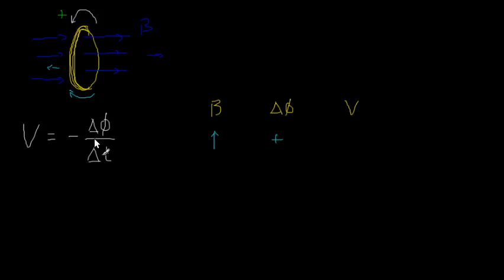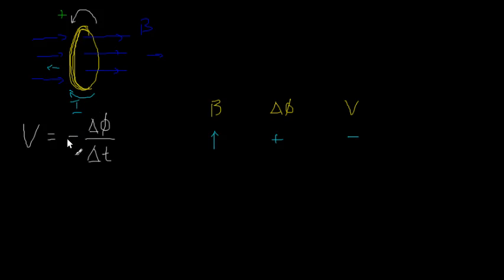Now, according to this equation, this will be positive, as we see here, and the minus sign means that the V should be a negative value. So V should be negative. And if the induced voltage is negative, that means that the current should go in the negative direction, which is opposite to that positive direction. And that was exactly what we found when we deduced this current direction from Lenz's law just now.